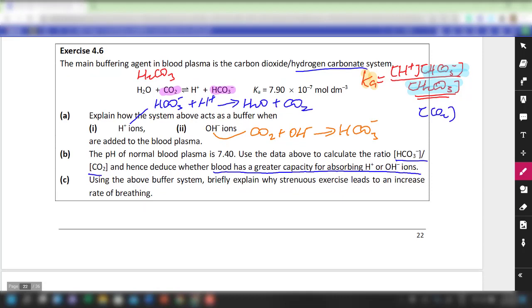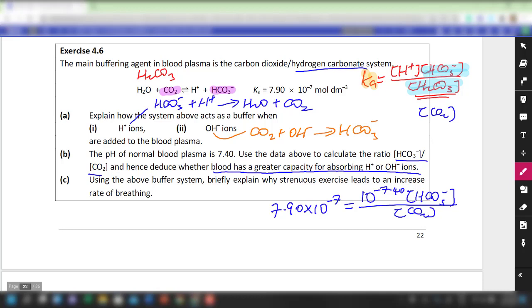Since we are given the pH of blood plasma to be 7.40, we would simply use the Ka expression. So that's 7.90 times 10 to the power minus 7, and I will equate it to the concentration of H plus, that will be 10 to the power minus 7.40, times the concentration of bicarbonate over the concentration of CO2.